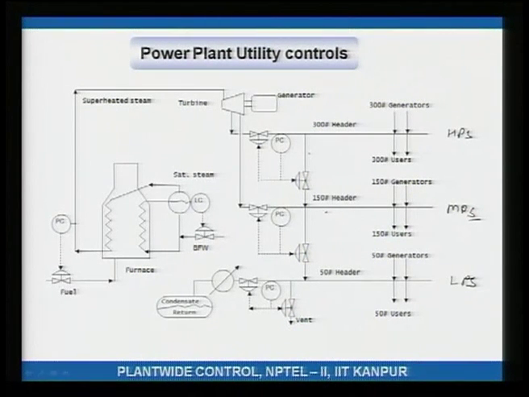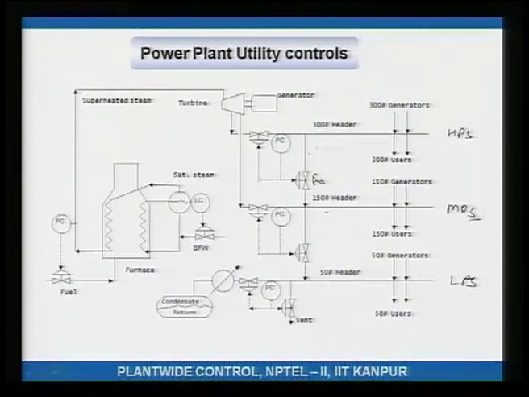This pressure controller is actually a split range controller. So, let us say I cannot dump any more steam here, that means this is fully open. Pressure is still increasing, what do I do? Well, then you start throttling this valve, so that you draw in less steam.